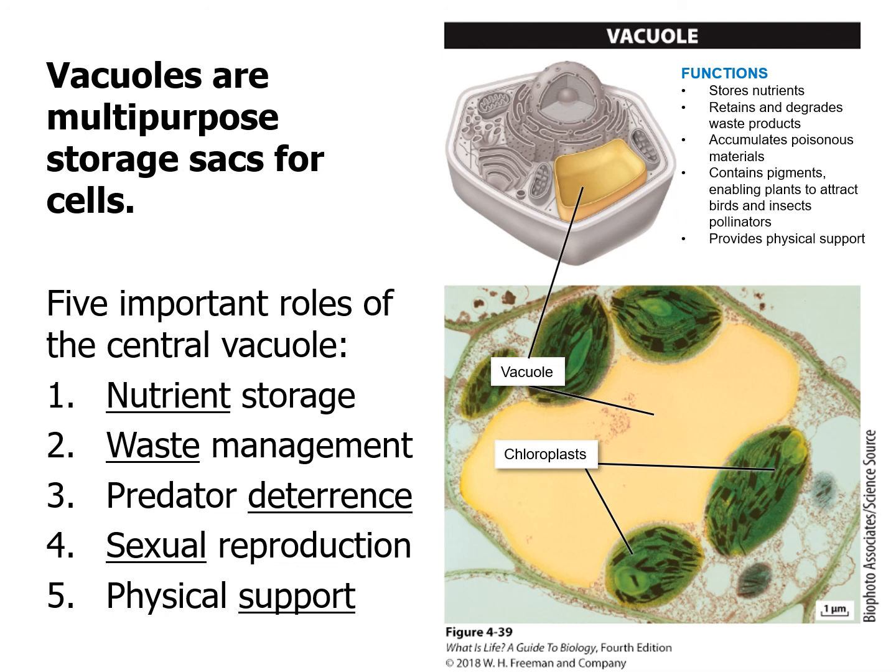And the fifth function is physical support. So high concentrations of dissolved substances in the vacuole can cause water to rush into the cells through the process of osmosis. Remember, that is the movement of water. The increased fluid pressure inside the vacuole can cause the cell to enlarge a bit and push out the cell wall.